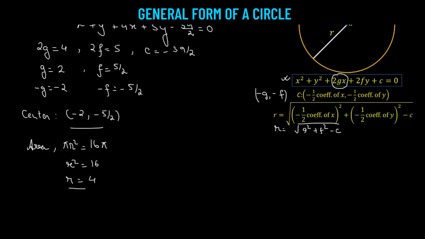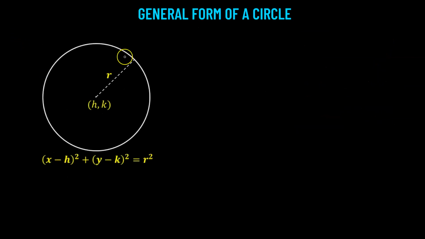So let's first specify the standard form of a circle. If we have a circle whose center is given by h comma k and the radius is r, then the standard form of a circle is x minus h whole squared plus y minus k whole squared equals r squared.